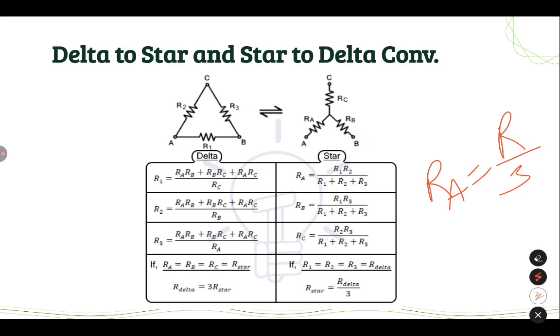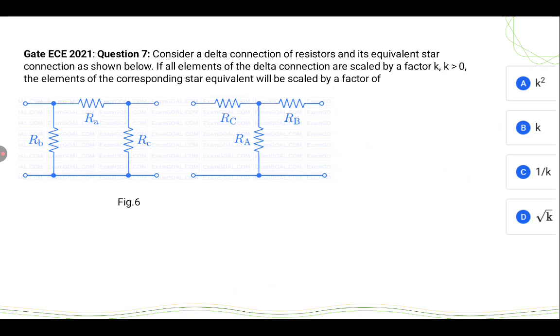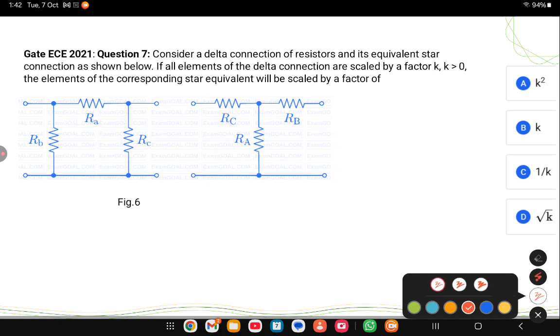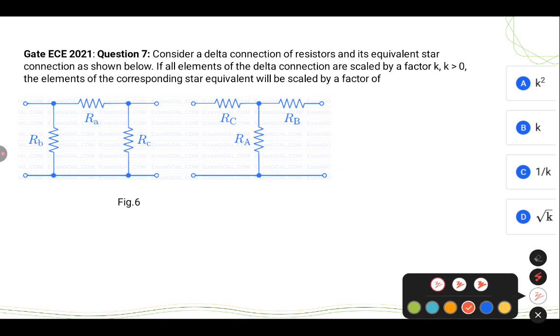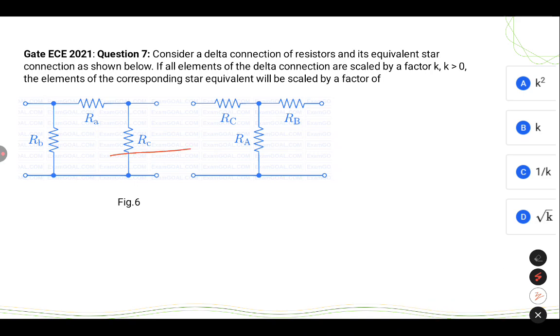Now we will talk about one question based on this. What are they asking in this question? Let's consider a delta connection of resistors and its equivalent star connection. All elements of the delta are scaled by a factor k. Actually RA, RB, RC, the small ones, are scaled by factor k.